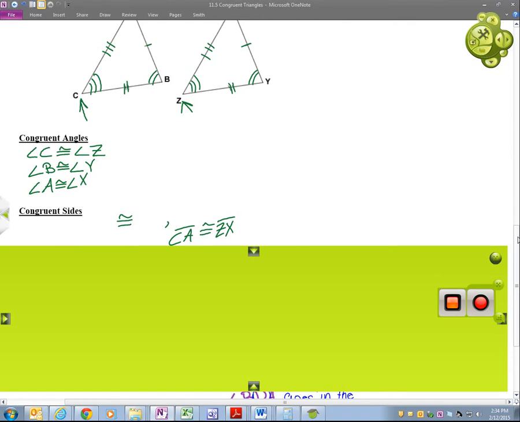We can see. All right, so CA is congruent to ZX. Good. Okay, so we have that one. So we need 2 more. Thornberry, what you got? Z and Y. That's what you said, yeah. Good. And there's one more.